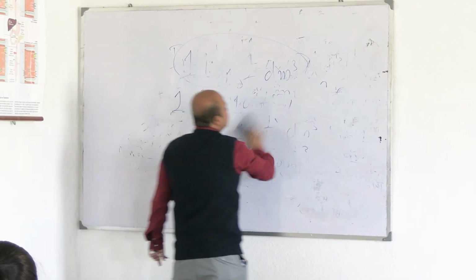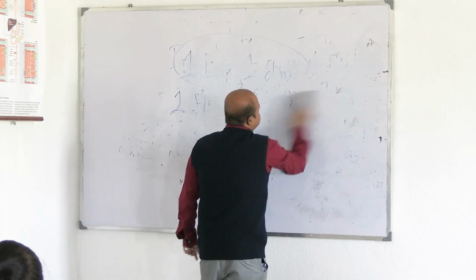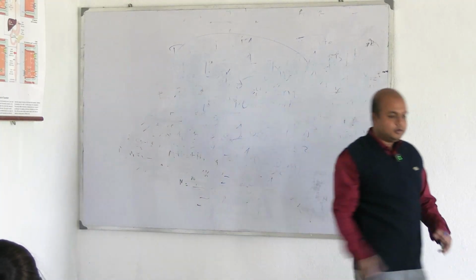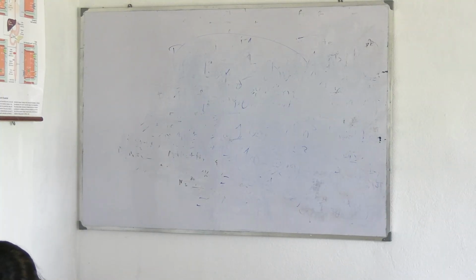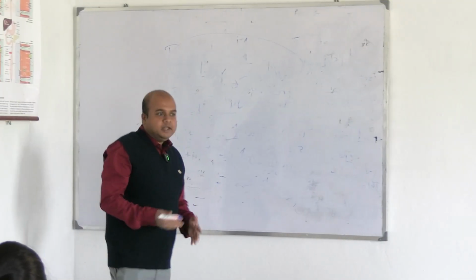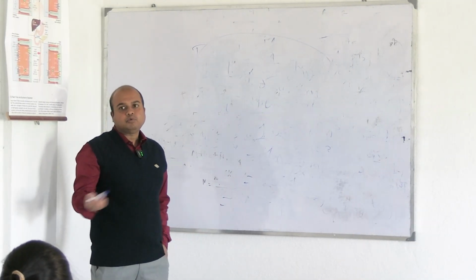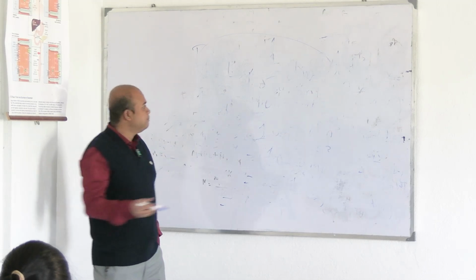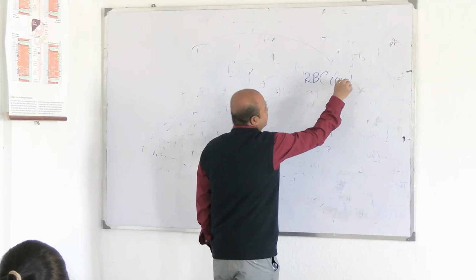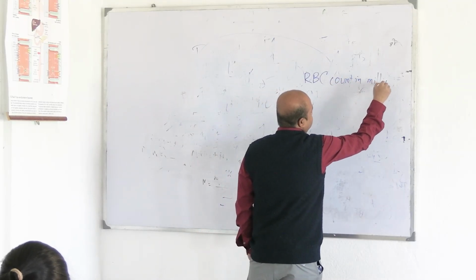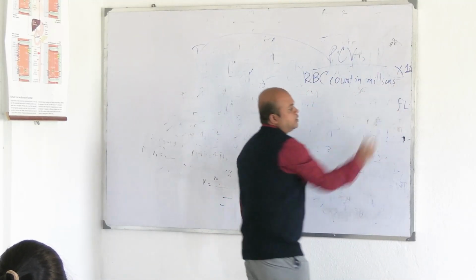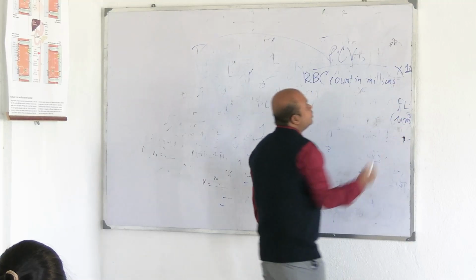So, MCV theoretically accepted value is 78 to 92, this is written in books. I am not telling that books are wrong, it is correctly written in books, but if you go by the formula, there is a chance to make mistakes, and I will explain why. There is a simple formula: PCV by RBC count in millions into 10, in femtoliter, or the same thing is micrometer cube.